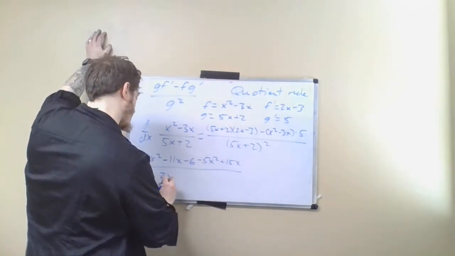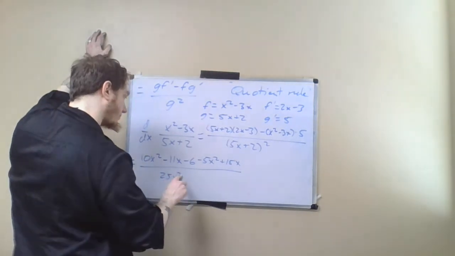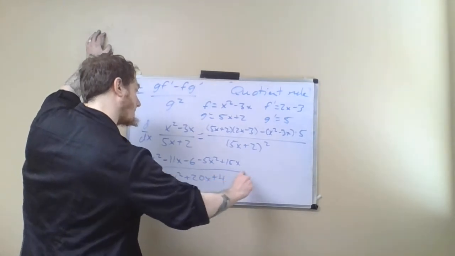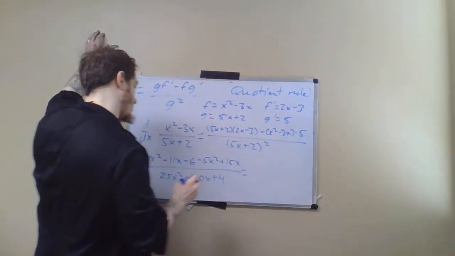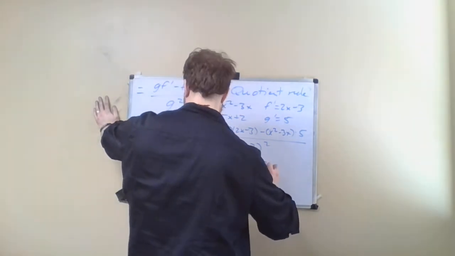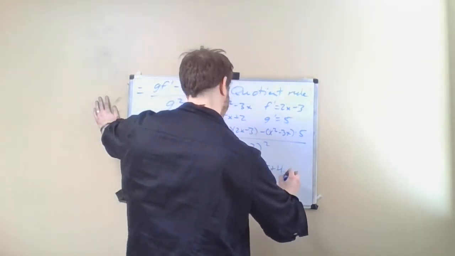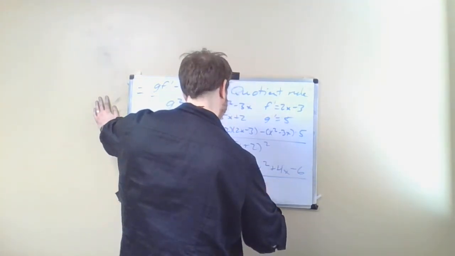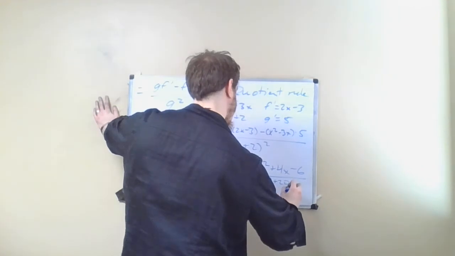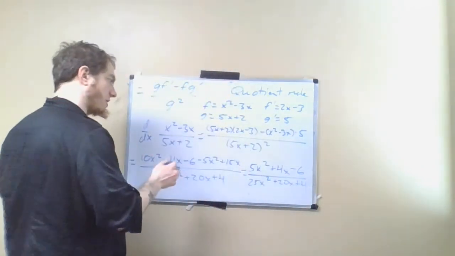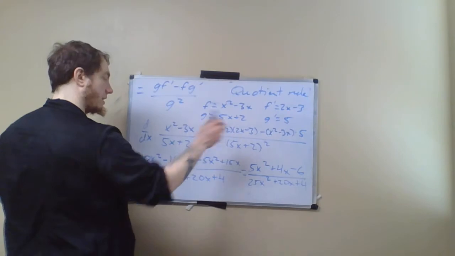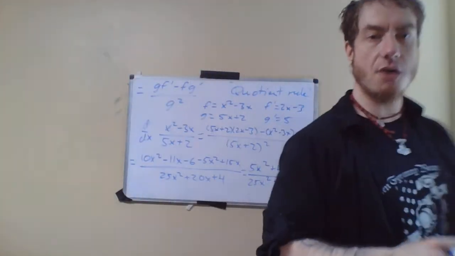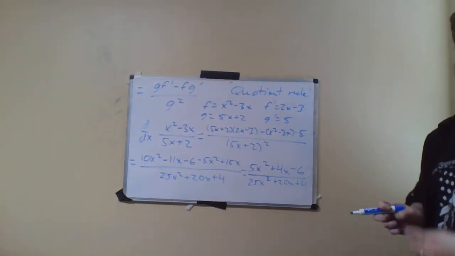And in the bottom, we have 25x squared plus 20x plus 4. And so this is going to become 5x squared plus 4x minus 6 divided by 25x squared plus 20x plus 4. Let me just make sure I did this correctly. 2 times 5, that's 10, and then another, yeah, okay, we're good. So we've combined everything together and simplified it down, and there is our derivative.